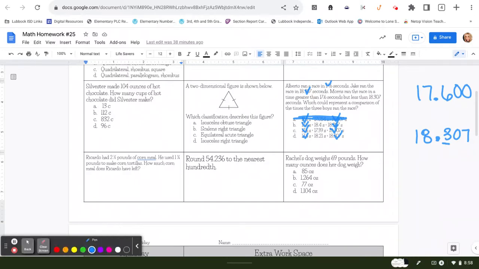Okay, let's look at C. We have 17 and 39 hundredths. I'm going to put in my phantom. 6 is greater than 3. This one does not work. It would not fall in between these two numbers on the number line.